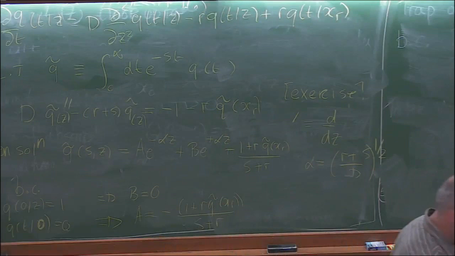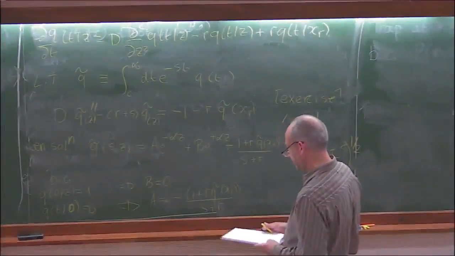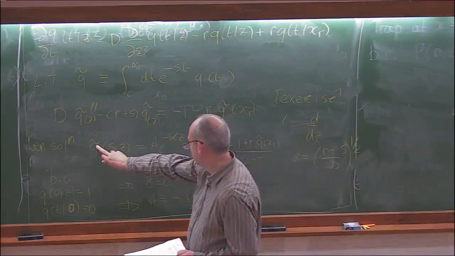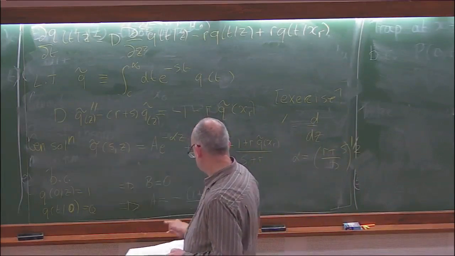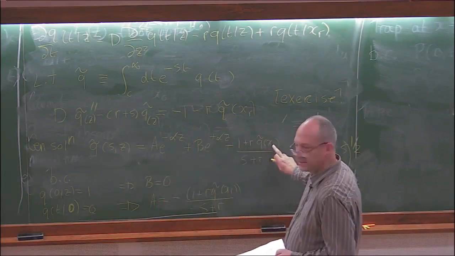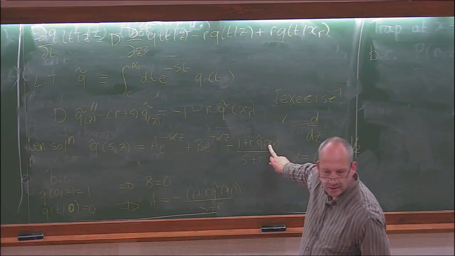Okay. So that gives us Q tilde, and here we've got Q tilde of S, of x_R. So this might seem complicated, but then it's easy. I'll just finish up.